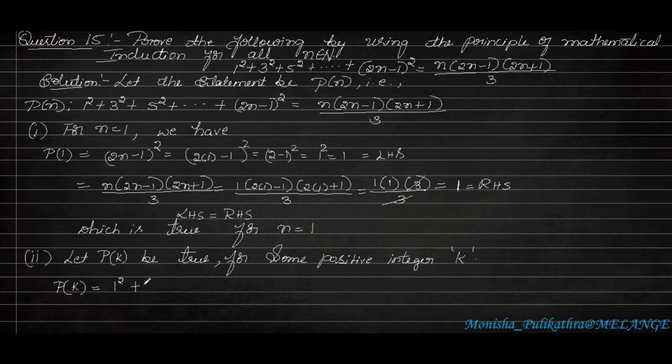The equation will become 1 square plus 3 square plus 5 square plus etc. plus 2k minus 1 whole square is equal to k into 2k minus 1, 2k plus 1 whole divided by 3. So in the place of n we have to substitute k. So let this be equation number 1. So I will continue in the next slide.